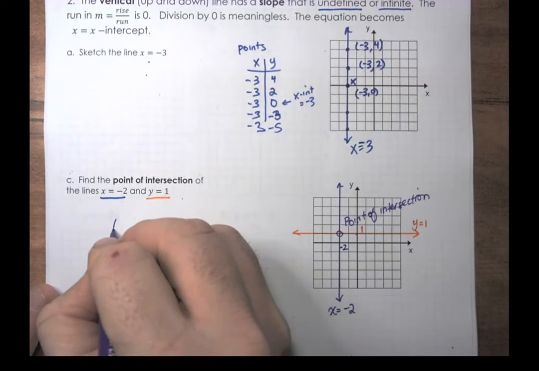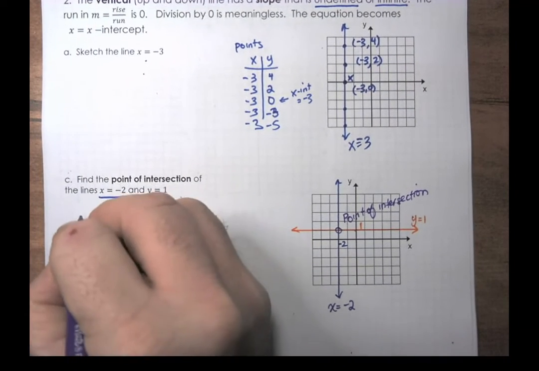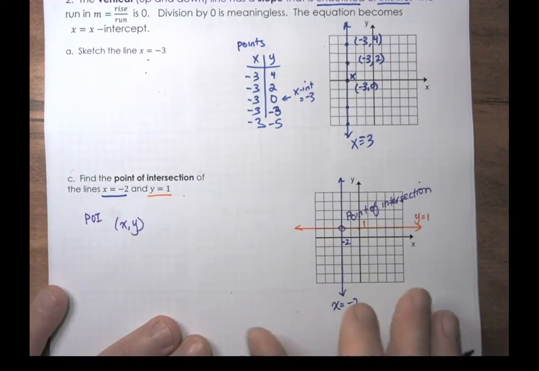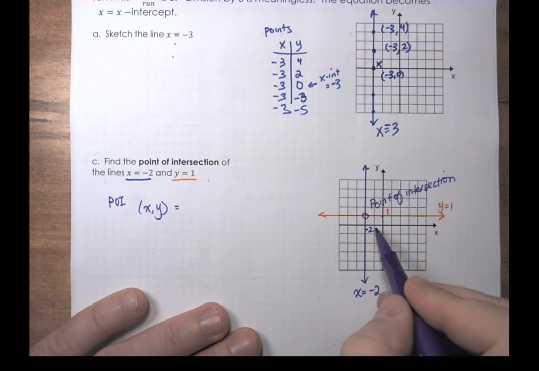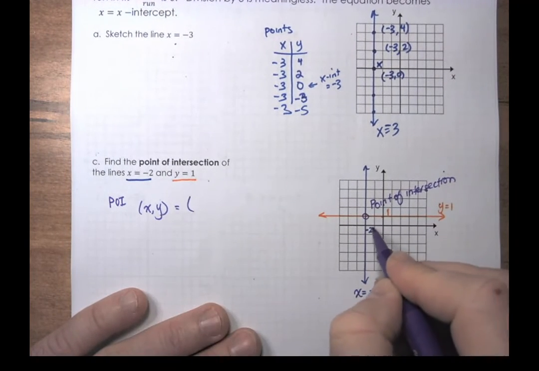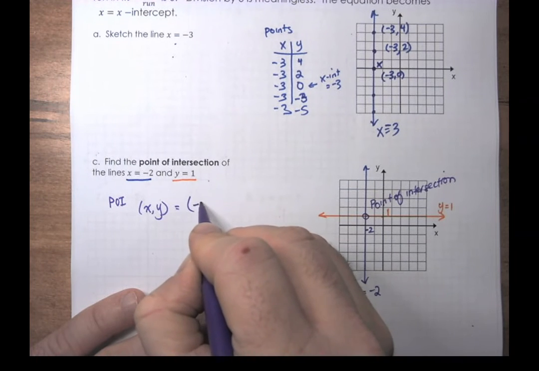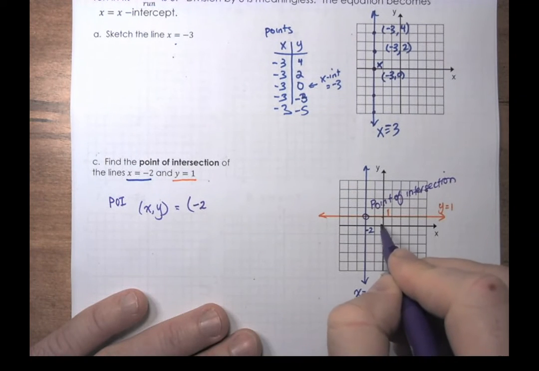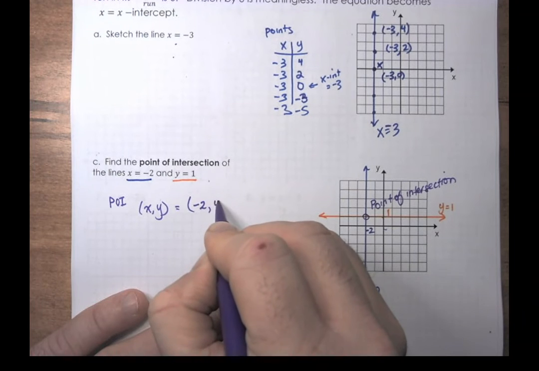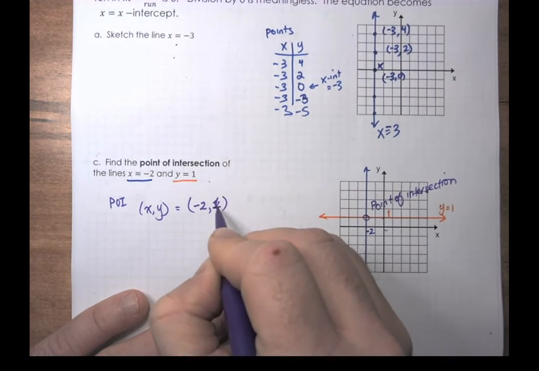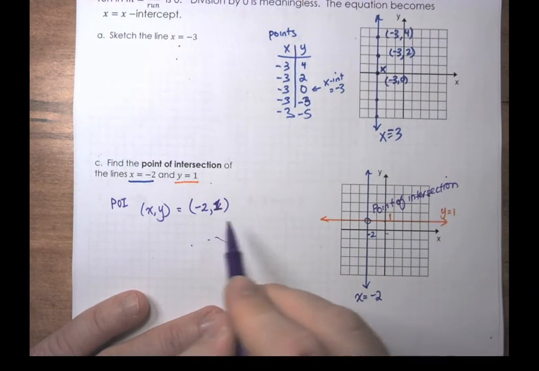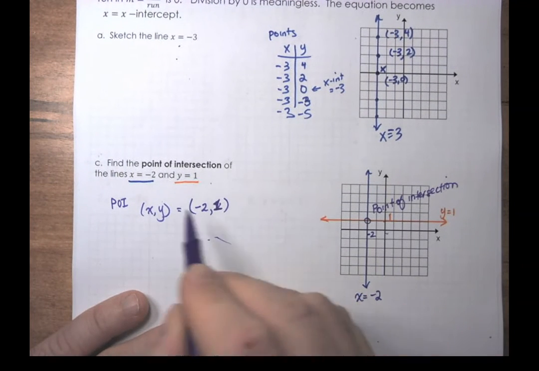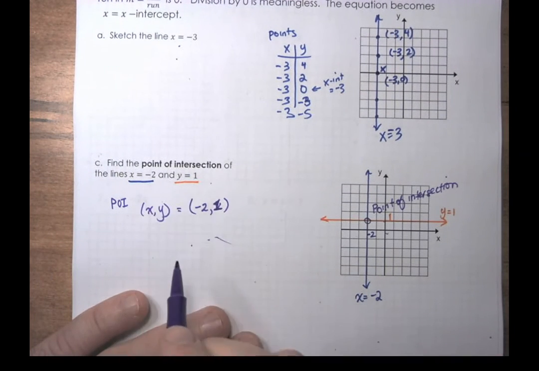So I can look at this and say, well, what's the value of x? That's -2. The value of y is 1. So the point of intersection is the point where x equals -2, y equals 1.